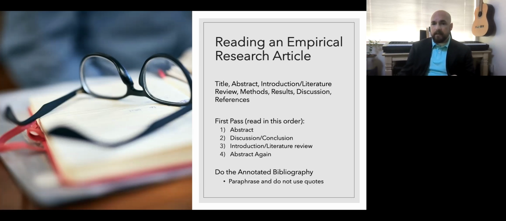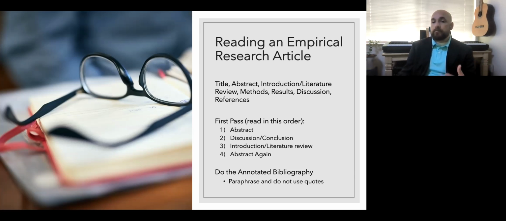If after reading the abstract and discussion sections, you feel that this research article is relevant for your own research, then you go back to the top and read the introduction or literature review, and then read the abstract one more time. This time, you should be able to understand the abstract. But if you don't quite understand it, read the discussion section once again.